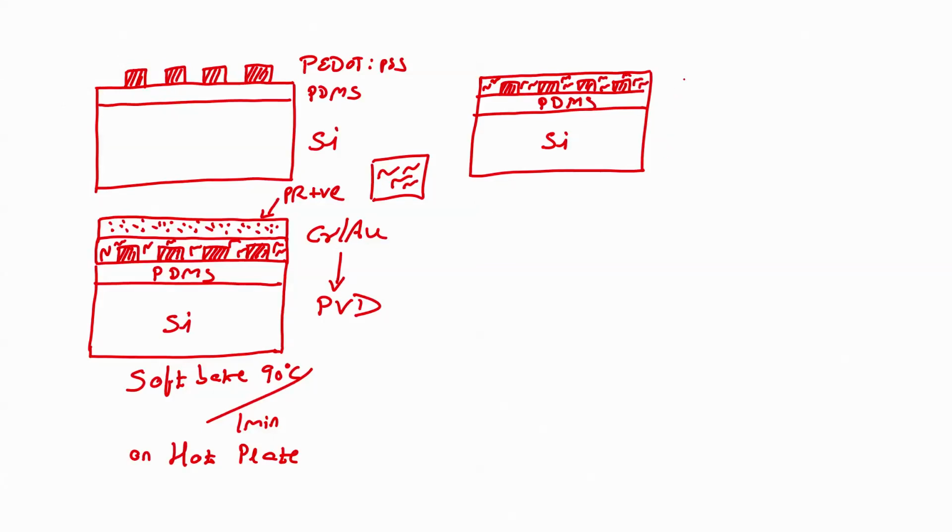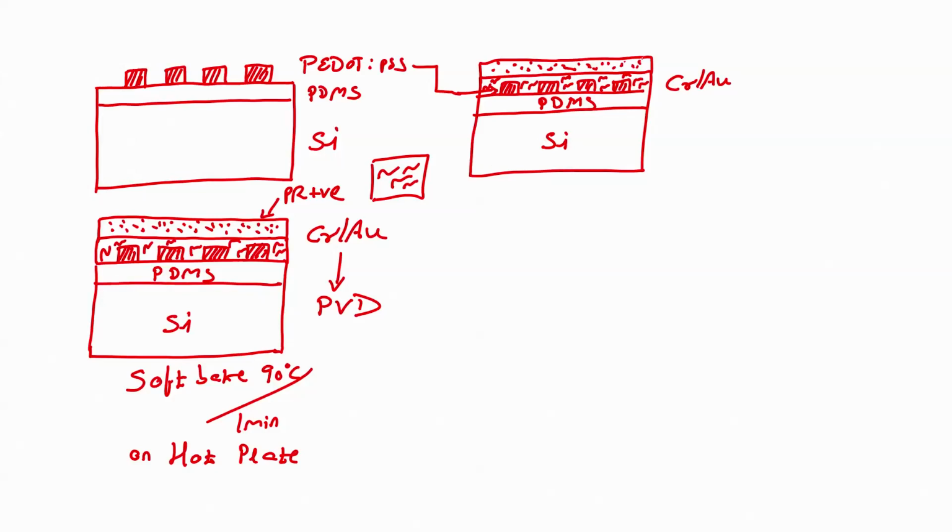What are we doing now? We have chrome gold, we have PDMS, we have PEDOT:PSS, and on that we have positive photoresist.